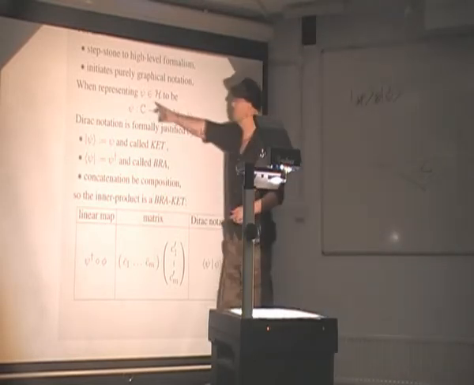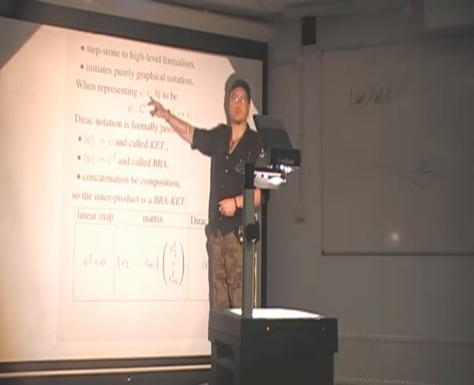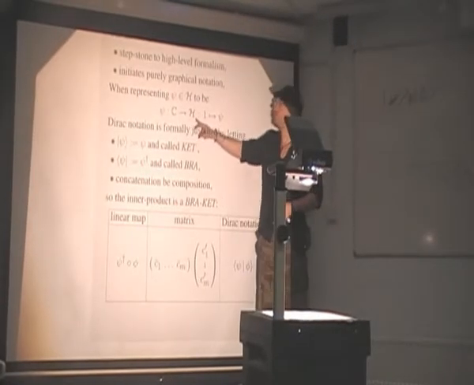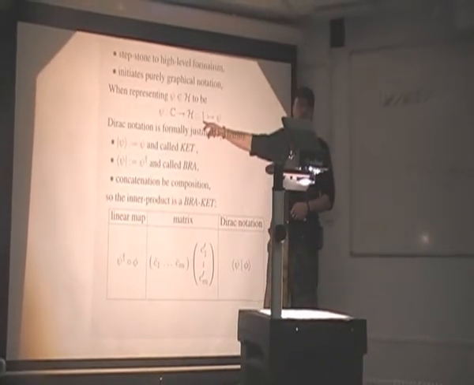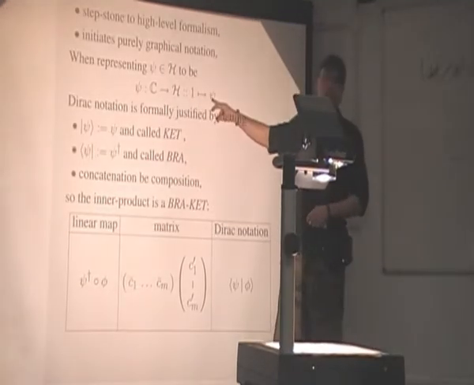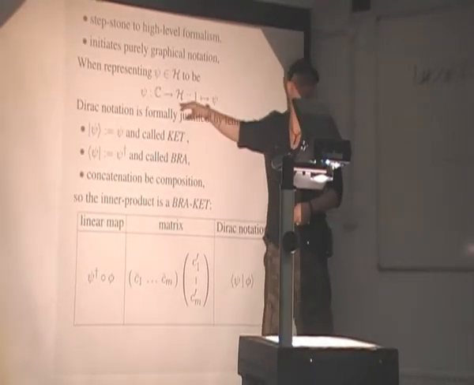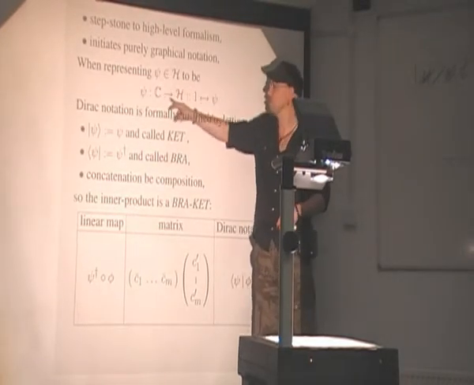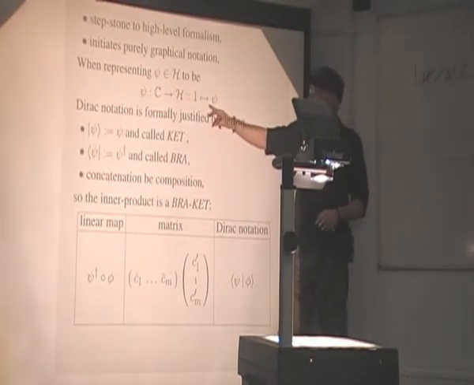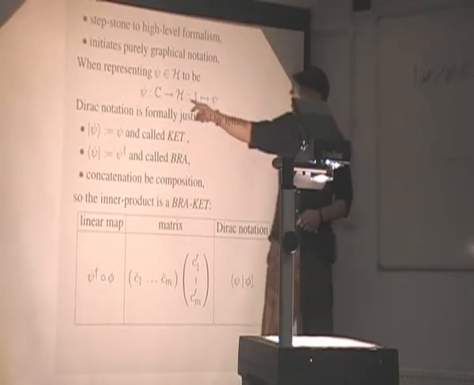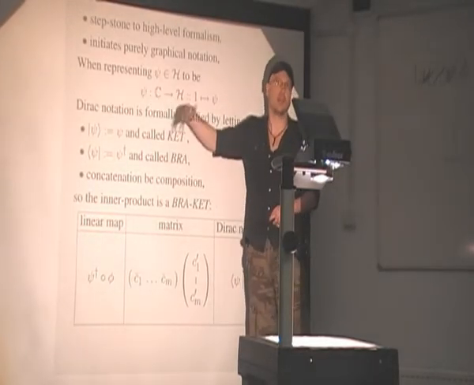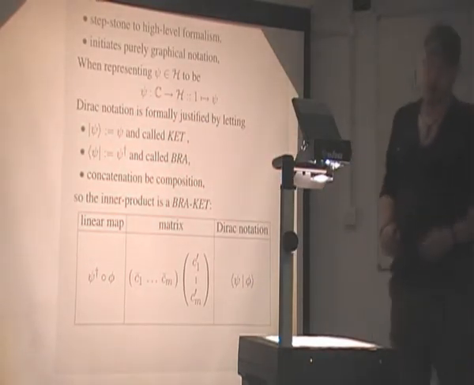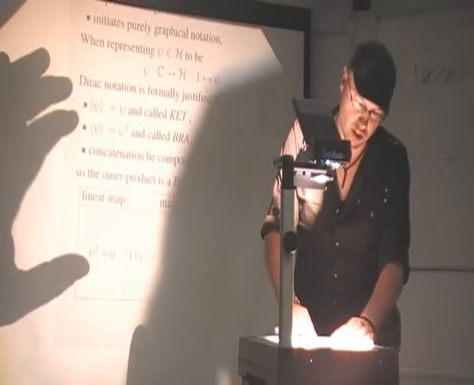So just think of a state of a Hilbert space, like a vector in a Hilbert space, as a linear map from the complex numbers into that Hilbert space, which sends the number 1 onto that vector. There's clearly a bijective correspondence between vectors in a Hilbert space and linear maps which are defined like that, because the image of the number 1 determines the linear map by linearity. Is it clear?